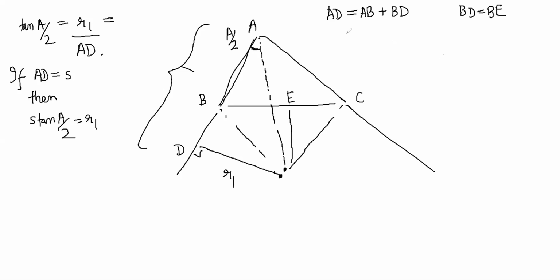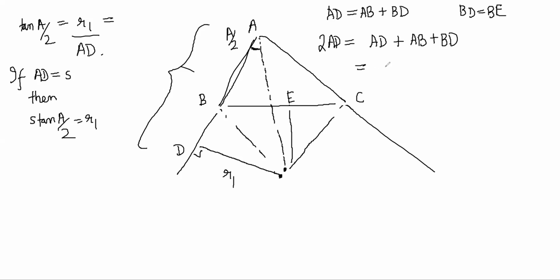And so let's add 2AD, which should be AD plus another AD, which is AB plus BD, right? Correct.